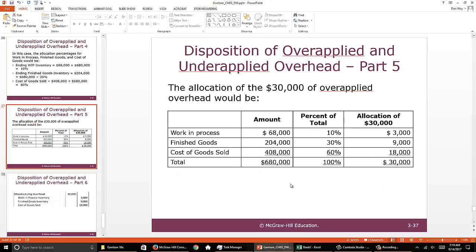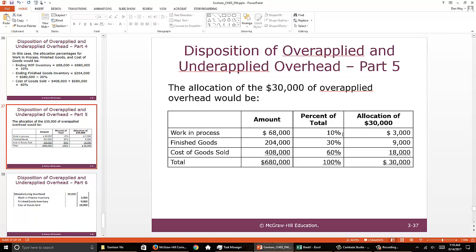So now we'll allocate the 30,000 in over applied overhead to those three accounts. So for work in process, again, that proportion was 10%. Finished goods was 30%, and cost of goods sold was 60%.